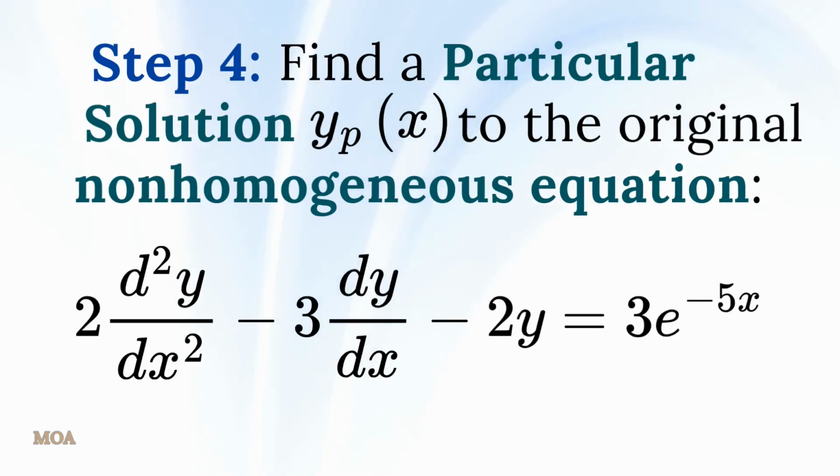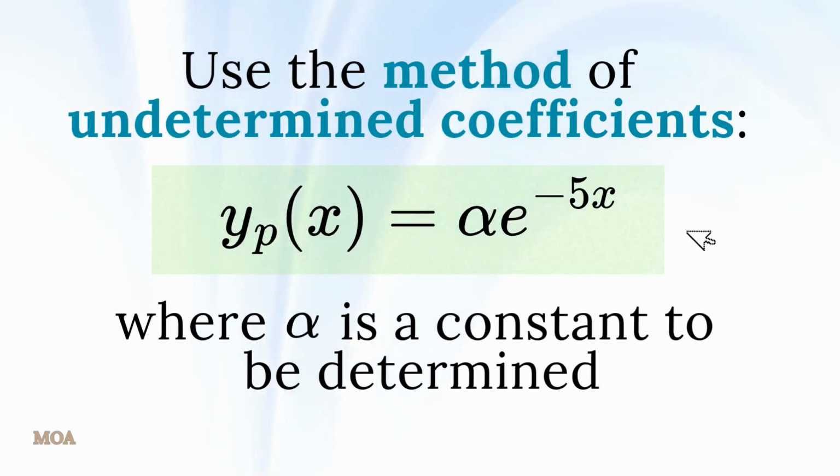provided. Now, in step 4, we find a particular solution to the non-homogeneous equation. The right-hand side of the original second-order differential equation, that is, 2y'' - 3y' - 2y = 3e^(-5x), is 3e^(-5x). Since -5 is not a root of the characteristic equation, we use the method of undetermined coefficients.